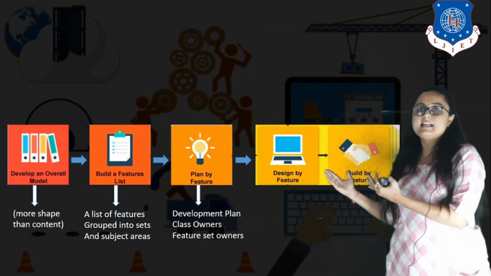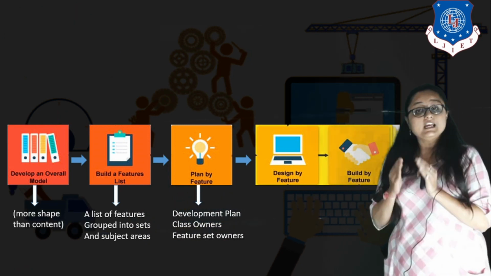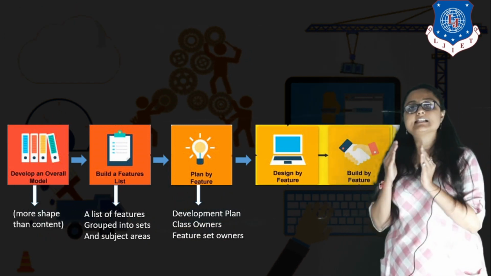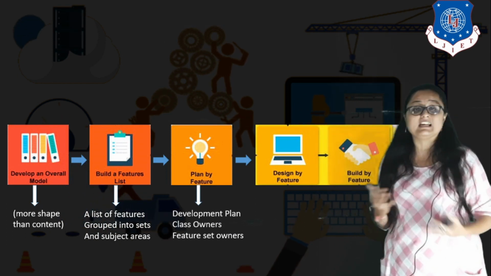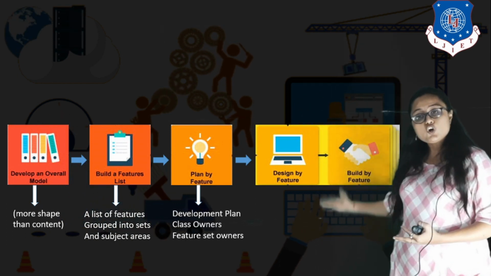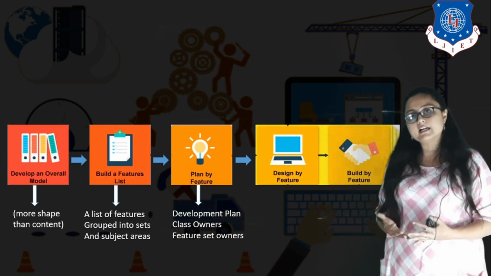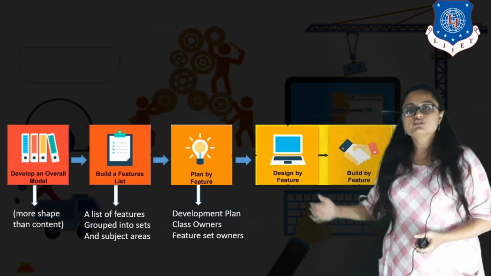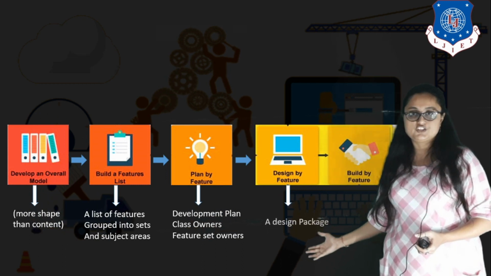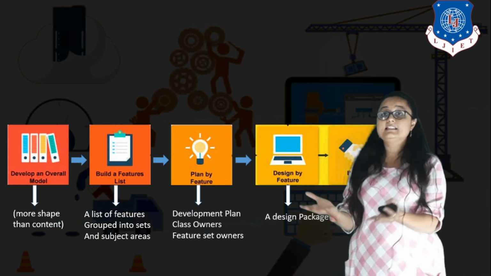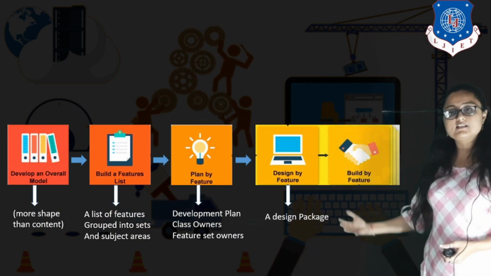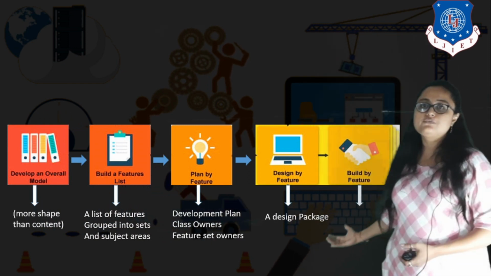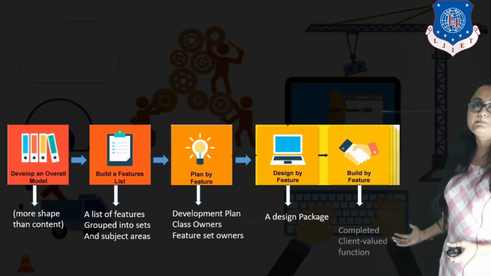That is decided in design by feature, in which you make all sorts of design, architecture design, component design, every design according to the features that you have already listed out. So you are designing by features. A design package is delivered at the end of this phase, and after this the actual building of all the features is performed, right?